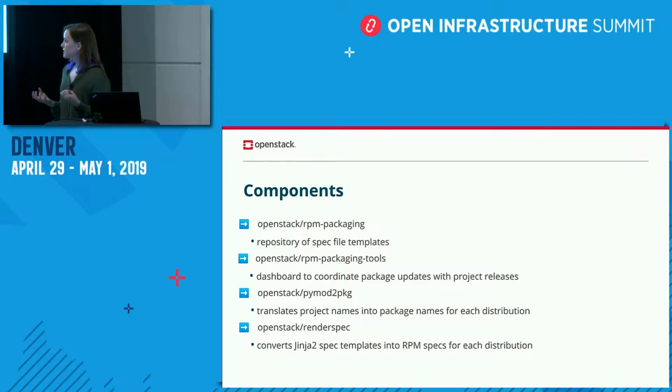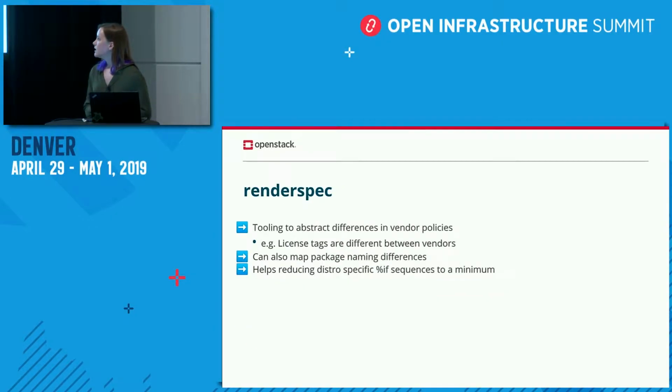PyMod2Pkg is a way to translate things from the upstream project names to the actual RPM package names. And then we have this library called renderspec, which is our way of rendering these Jinja2 spec file templates into native RPM specs for each distribution. And I'll go into that here.